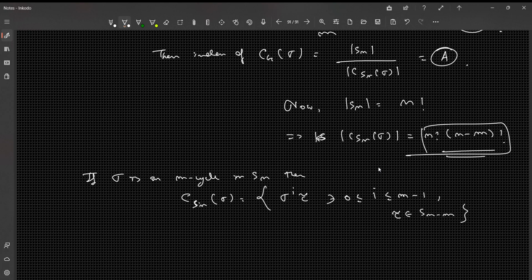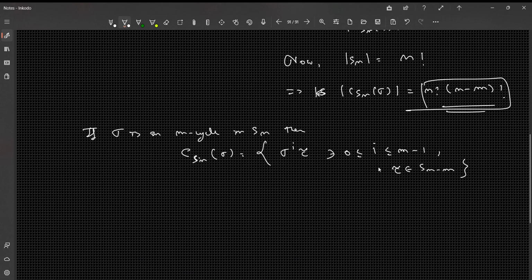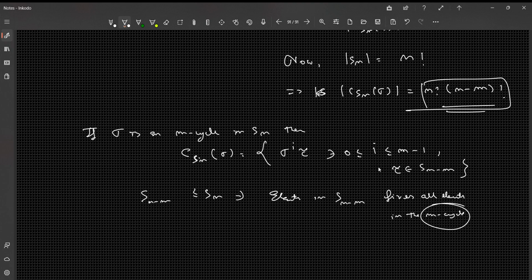This is an immediate result, and that is its order. Clear? What is S(n-m)? It is a subgroup of Sn whose elements fix all elements in the m cycle, acting only on the remaining n-m elements. That's pretty obvious to notice.